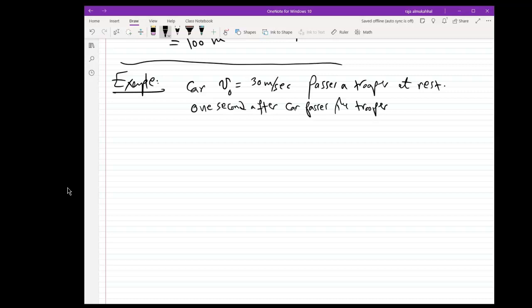The trooper chases the car with acceleration of, let me just write it down, a equals 3 meters per second squared, okay?